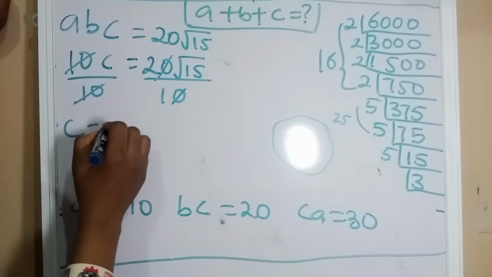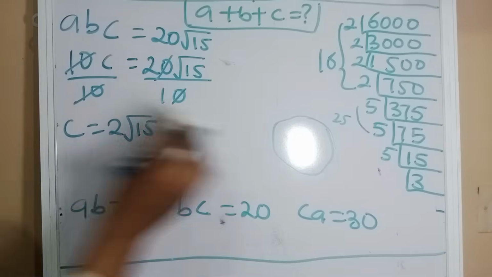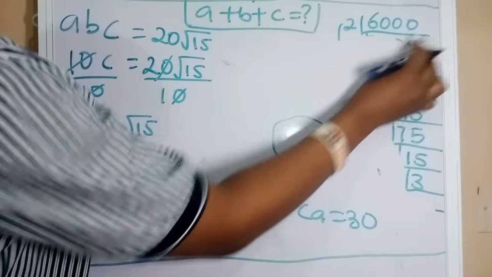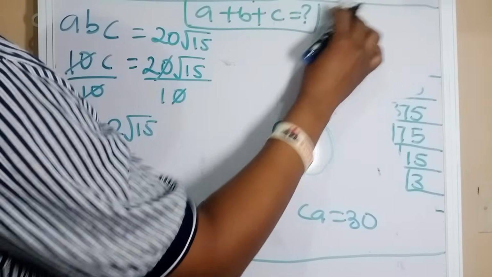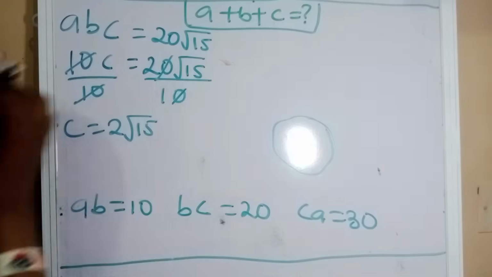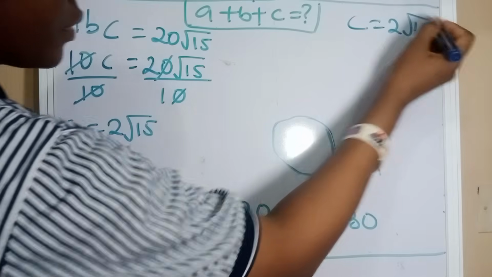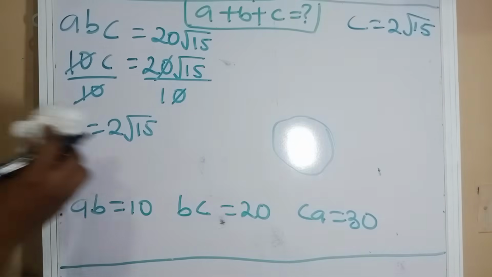And we have our C to be what? 2 root 15. Okay, so I'm going to use this part to keep all those values. So we have our C to be 2 root 15. Let's look for another one.